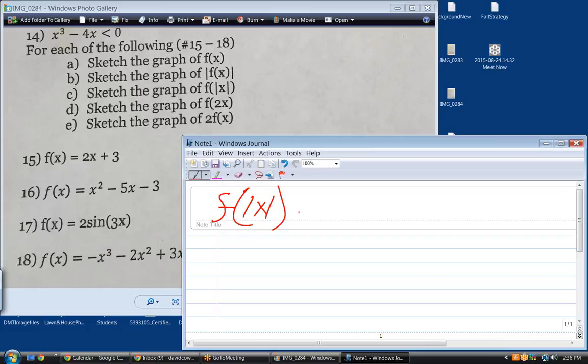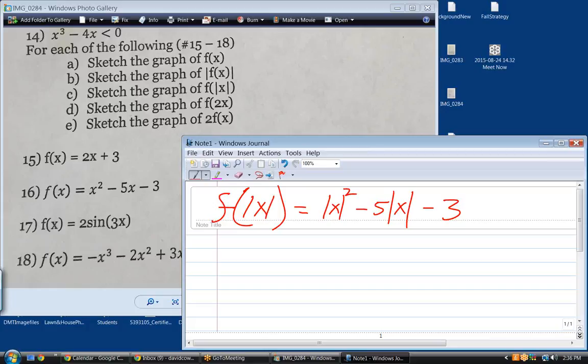So instead of x, I've got absolute value of x squared. Instead of x here, I have absolute value of x. So that's our answer.